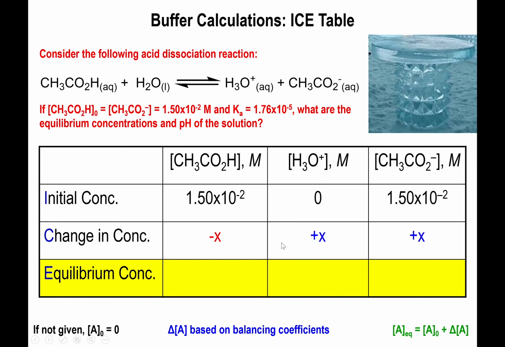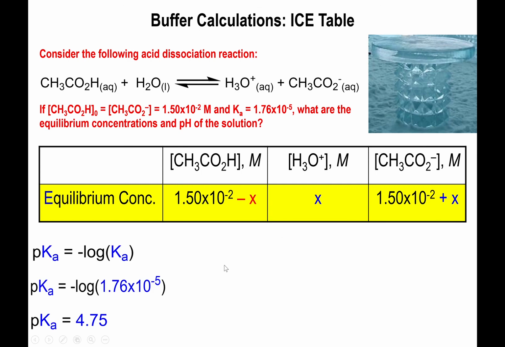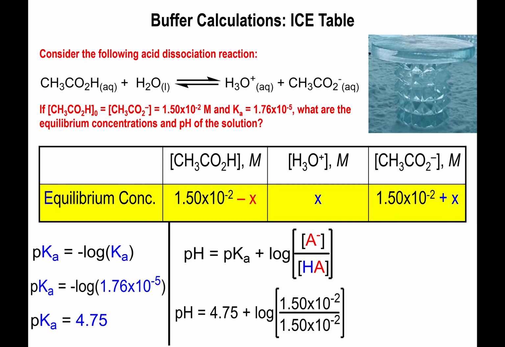You subtract X from the reactant, you add X's to the products, and you get the following equilibrium concentrations. Then, if you apply the Henderson-Hasselbalch formula, the pKa is still 4.75. The initial concentrations of A minus and HA are basically the same, 1.5 times 10 to the negative 2. So what ends up happening is that the ratio right here cancels out. You end up with the log of 1. And the log of 1 is simply 0.